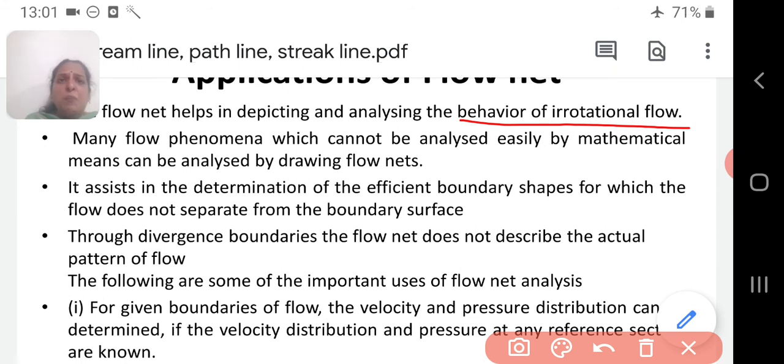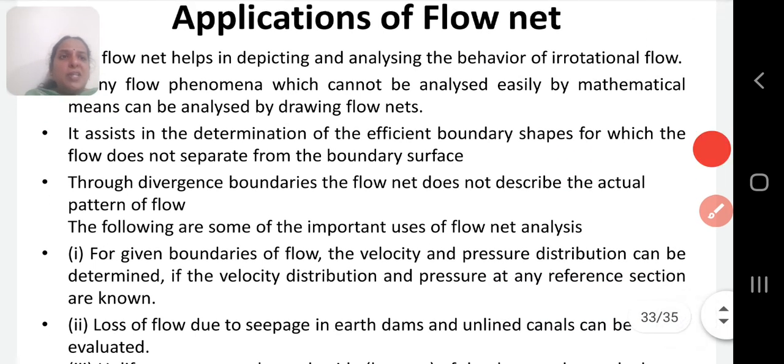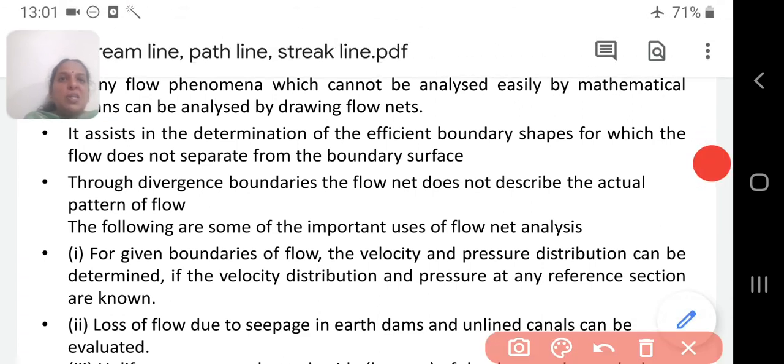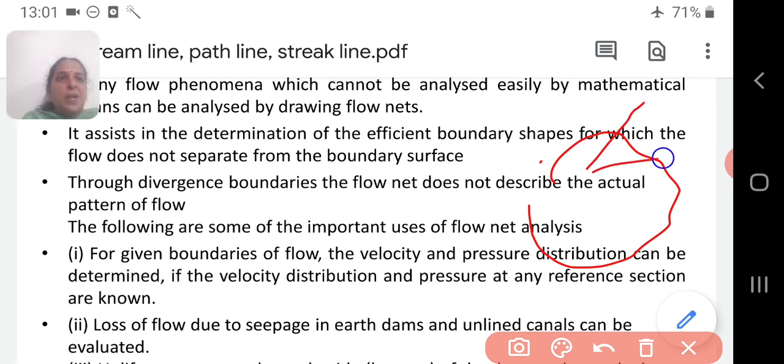Many flow phenomena cannot be analyzed only by mathematical means, but they can be analyzed by drawing flow nets with the help of a graph. It also assists in the determination of the boundary shapes for which the flow does not separate from the boundary surface. We are assuming the boundary shape, and we are assuming that the flow is not going to separate at this boundary.